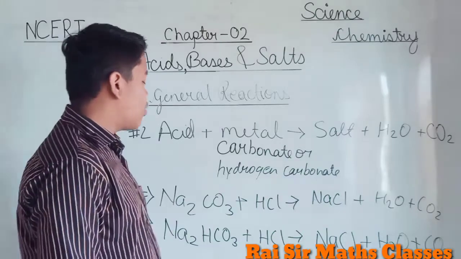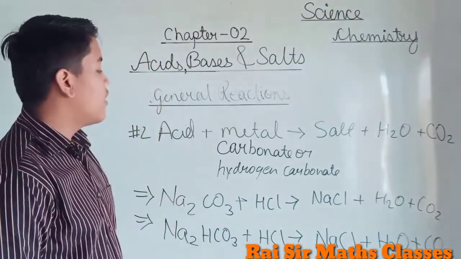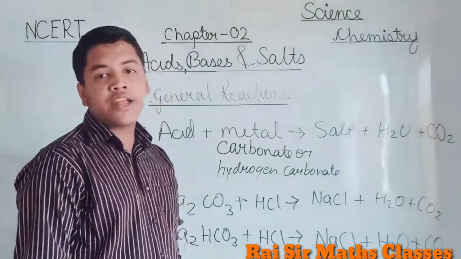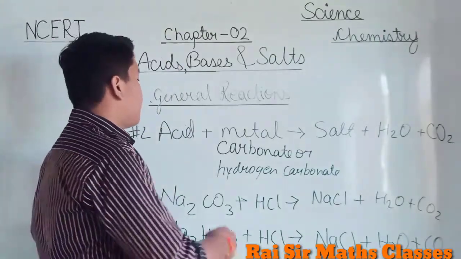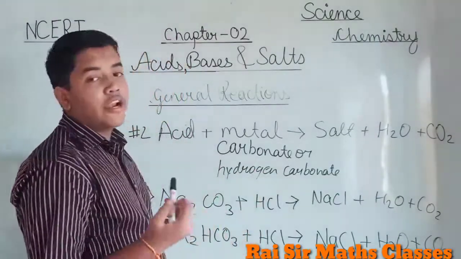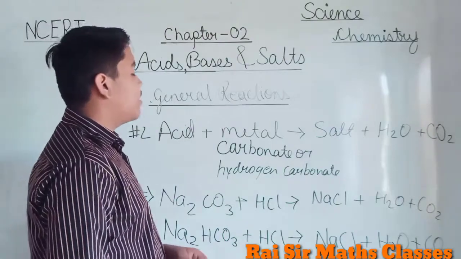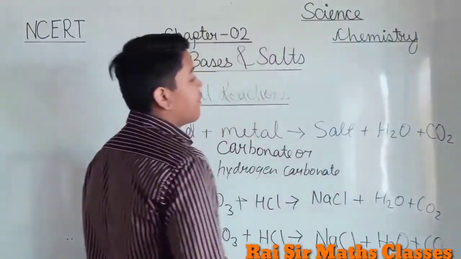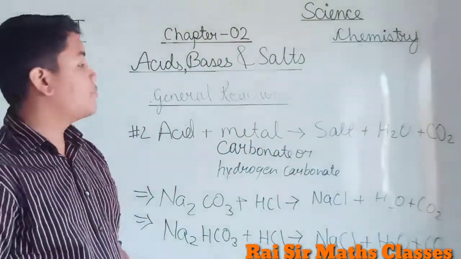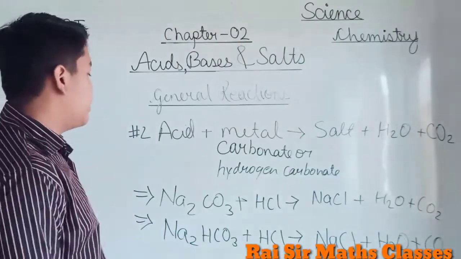It is reacting with hydrochloric acid. When the metal carbonate or metal hydrogen carbonate reacts with acid, it will give salt, H2O, that is water, and carbon dioxide will be released.